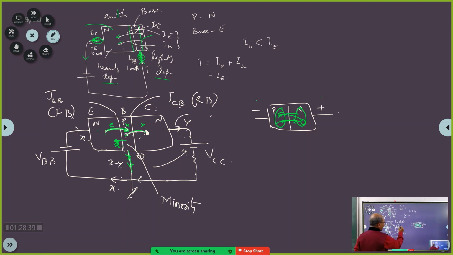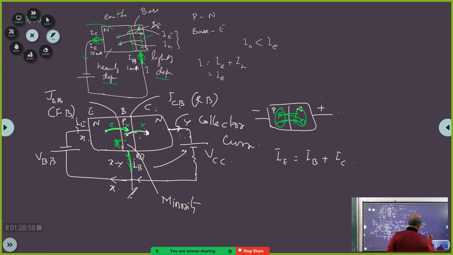This current is called the collector current. This is called the emitter current, and this is called the base current. So I will write it like this: emitter current is equal to base current plus collector current. Correct?